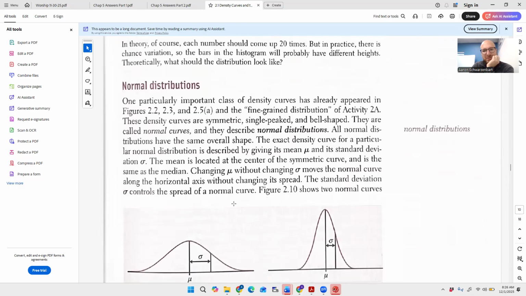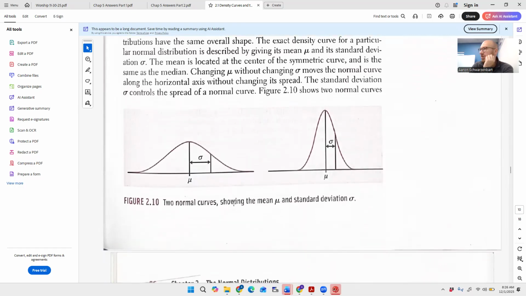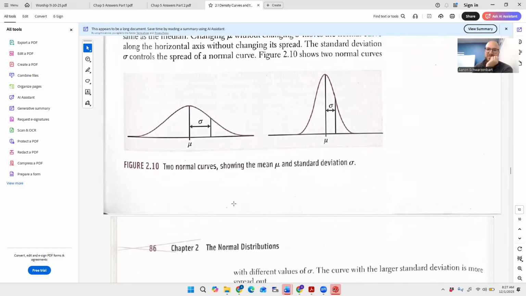Now it's time to learn what it means to be normal. Do you guys know what this symbol means? What's like micro? It's mu. In statistics, mu is used for several things.